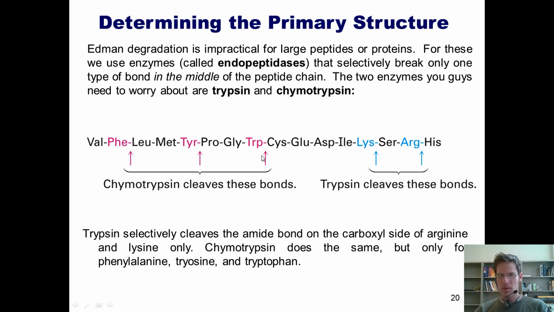Once again, I hope you understand what I'm saying. If I have a huge peptide and I treat it with trypsin, what happens is trypsin looks down that peptide. Anywhere it sees lysine or arginine, it just breaks the bond to the right of only those two amino acids, and it doesn't touch any of the others. Chymotrypsin does the same thing, except it does it for phenylalanine, tyrosine, and tryptophan.